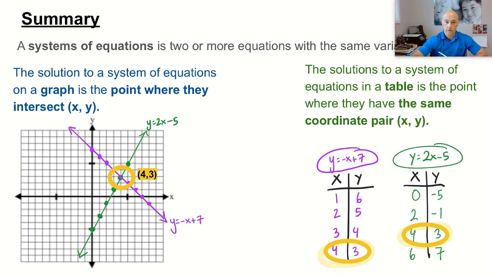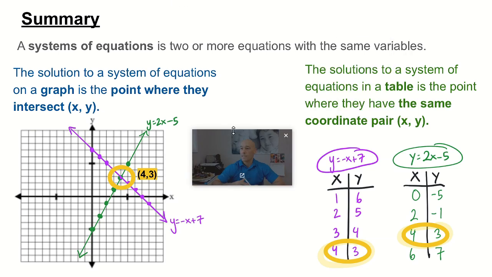So what we should have learned from all of that was that a system of equations is two or more equations with the same variables. The solution to a system of equations on a graph is the point where they intersect.